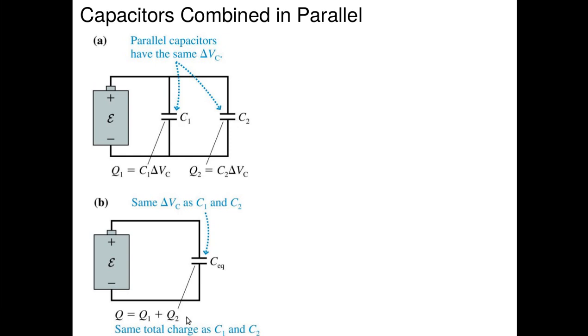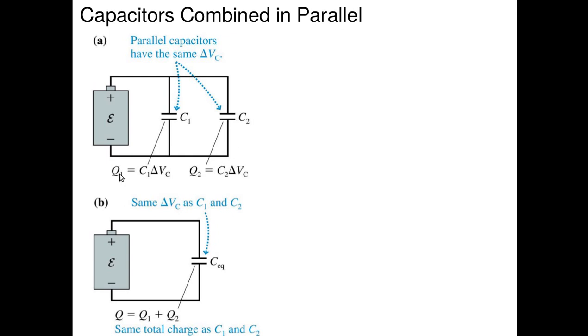So our goal is to derive an expression for the equivalent capacitance that this battery recognizes. So charge is conserved, right? We don't really have a considerable amount of charge leaving the circuit. So the charge is conserved in this circuit.